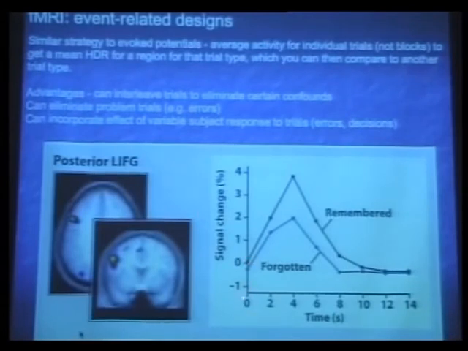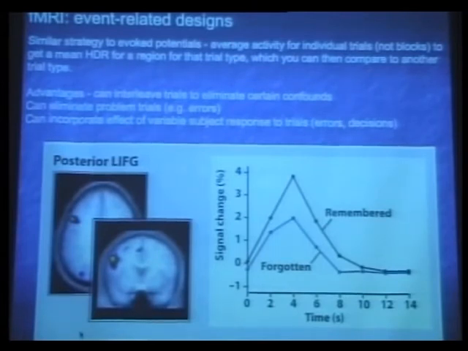So if you have one trial type, you show the face here, the activity is going to go up, and then it's going to come back down. Remember that from the HDR, the hemodynamic response. If you show a different kind of trial, activity might go up, but it may not go up quite so much. And the difference between the two is telling you that this area has something special going on with this trial that's not going on with this trial. Okay? So that's a more sophisticated way of looking at this.